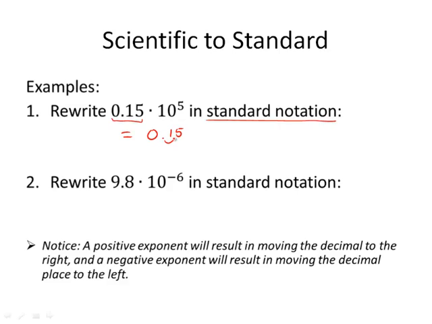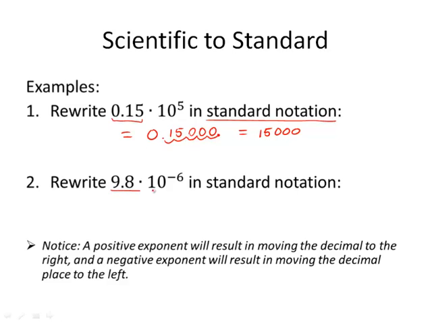So if you multiplied by 10, it would be 1.5, move over again, and you move over 5 times, so that the decimal ends there. Now any missing place values will be filled in with zeros. So this actually is the same as 15,000.